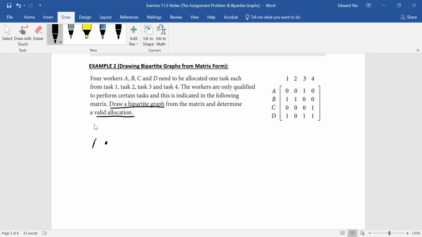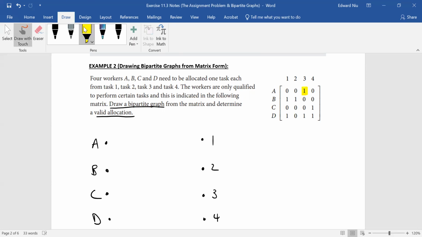So let's say we've got A, we've got B, we won't space it out so much this time, C and D. Over here we've got jobs 1, 2, 3, and 4. Okay, so person A can only do job 3. That's easy. Okay, and then person C can only do job 4.